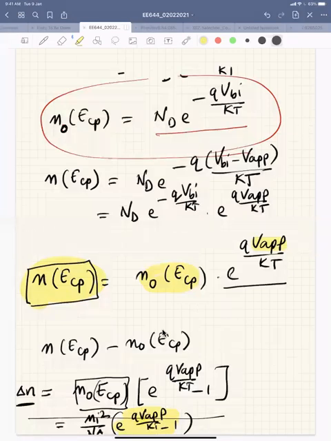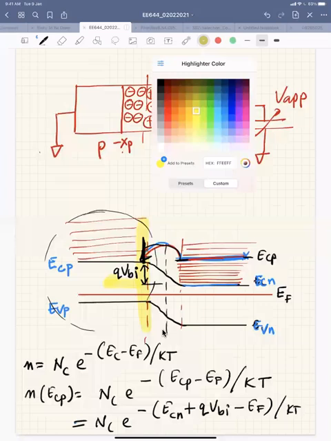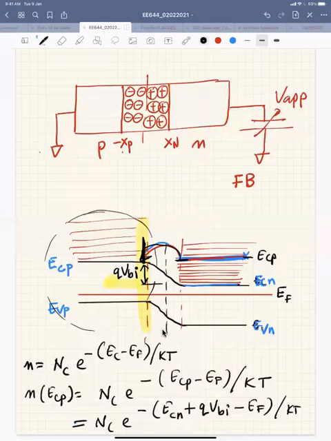Those excess carriers, once they are injected to the p side at this edge, will diffuse, because there is a concentration gradient. I had some equilibrium concentration here in the p side. Now I have injected more electrons from n to p, and there is an excess carrier delta n, and this delta n will diffuse because of the concentration gradient and give rise to the current.